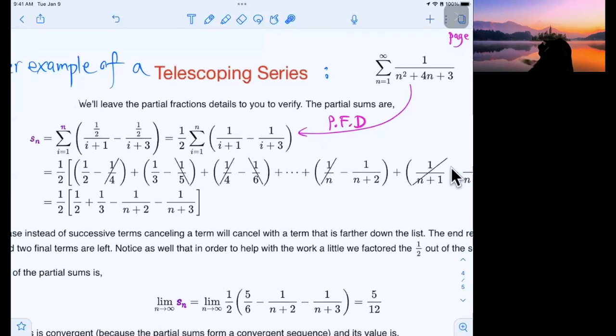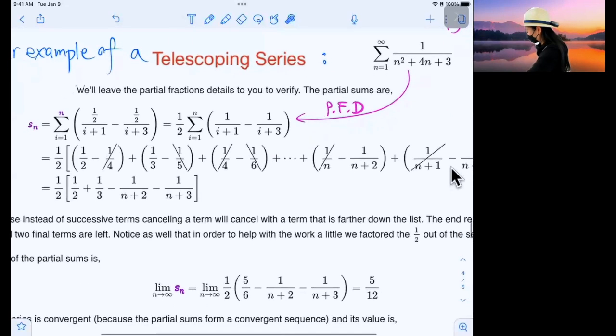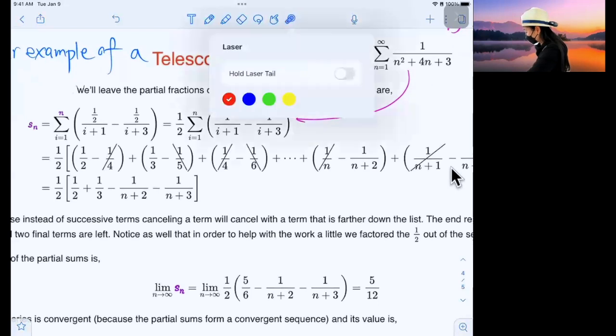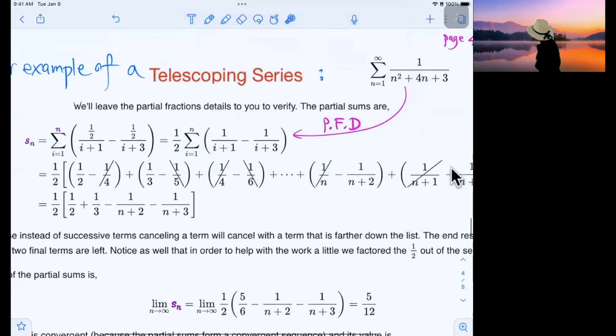And then what do you do? You write down the sum of the first n terms, the n-th partial sum. So you substitute 1 into it, right? Substitute 1 into it, we get 1/2 minus 1/4.